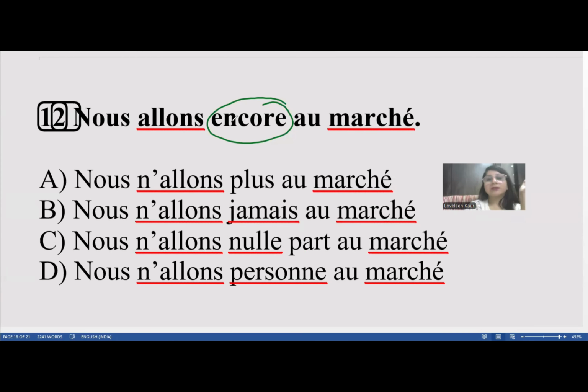Maybe it's raining or something, and you ask him, are we still going to market? You say no, nous n'allons plus au marché. No, we are not going anymore, we no longer go to market. अब नहीं जा रहे market. पहले जा रहे थे maybe, but अब नहीं जा रहे. Right? Jamais will not come. Nulle part तो बिल्कुल नहीं आएगा. Personne तो बिल्कुल नहीं आएगा, right?